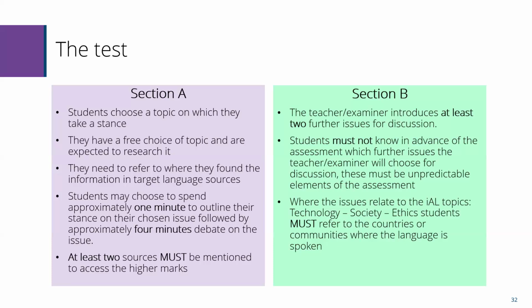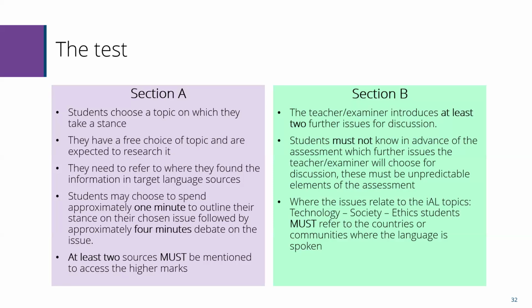And where the issues relate to the IAL topics, that's technology, society, ethics, in that section B, students must refer to the countries or communities where the language is spoken.